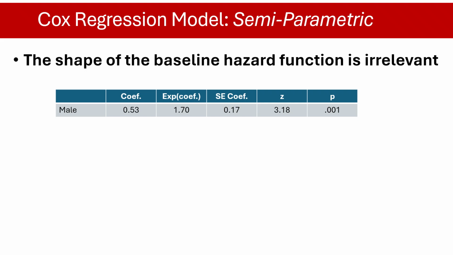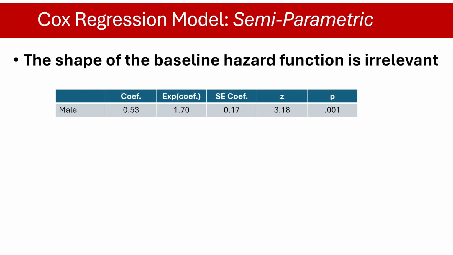So you can follow the examples I've used and replicate them using R. And as you can see here, the only statistic that we get from the Cox regression model is a coefficient for the predictor sex, which I dummy coded as male.